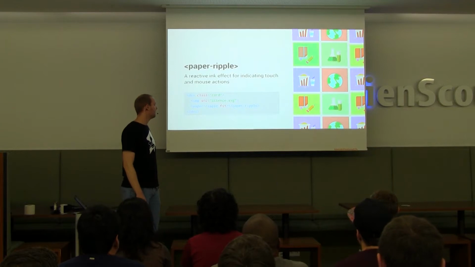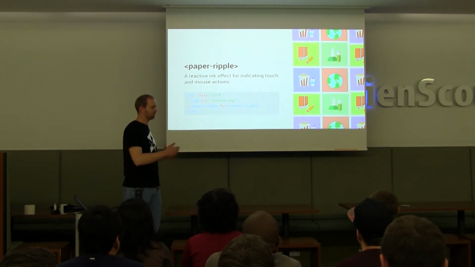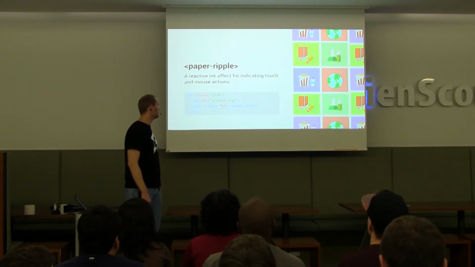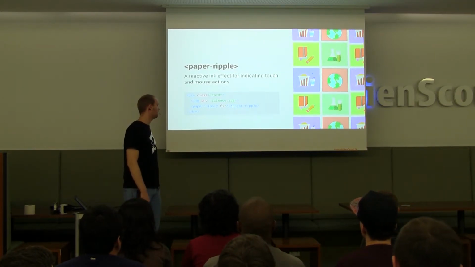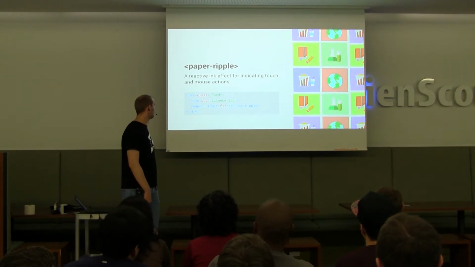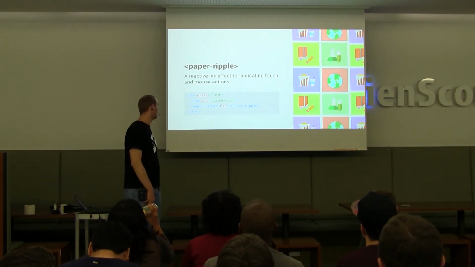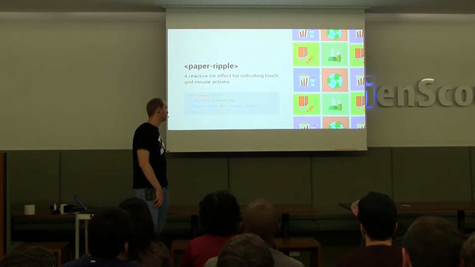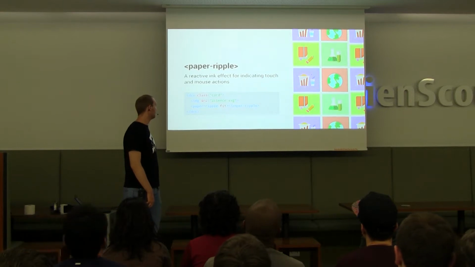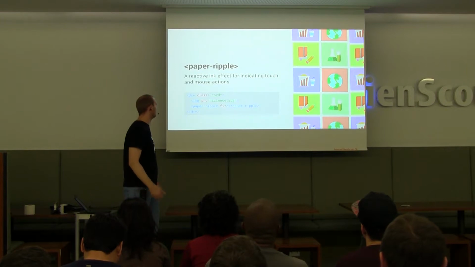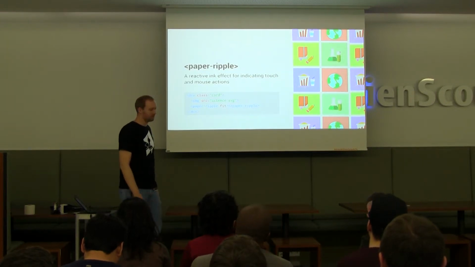Here is a click effect that the tabs in a tab bar have automatically, but if you want it on your own picture, you can also do that. You just nest it into a div and add the paper ripple effect. The fit attribute works so that you set it, and then it automatically arranges to the size of your picture. And this is all you have to do to get this design effect.